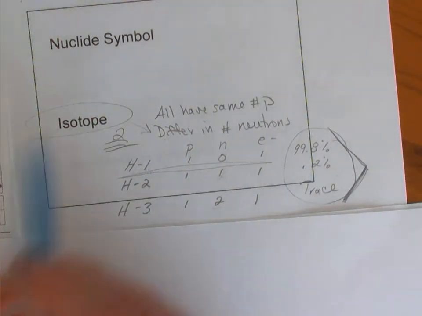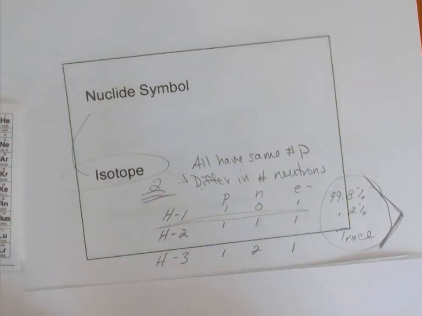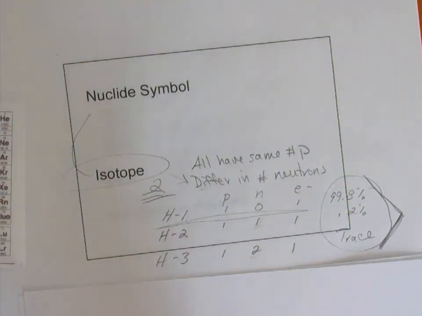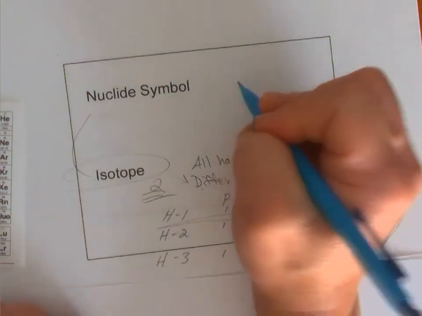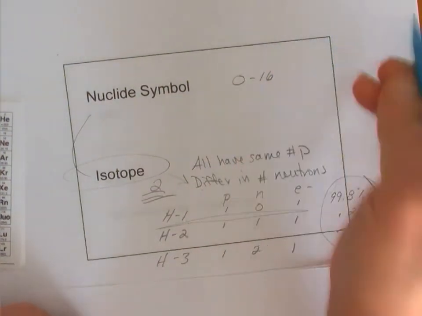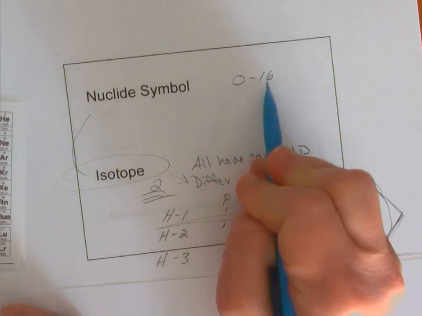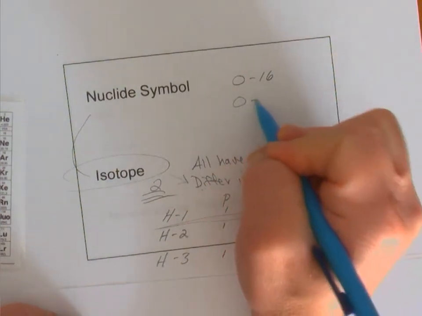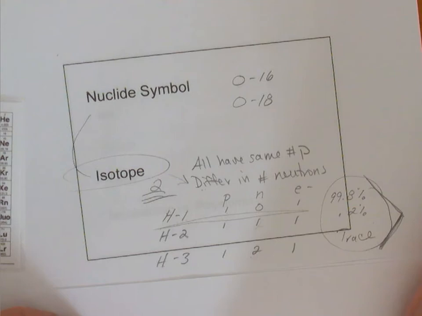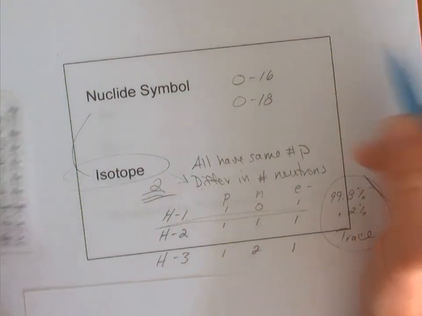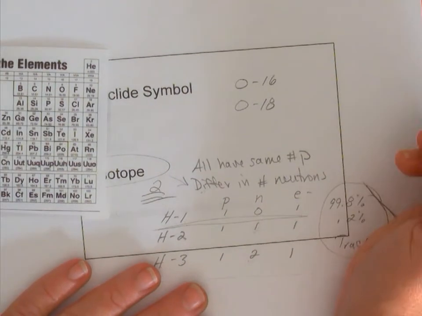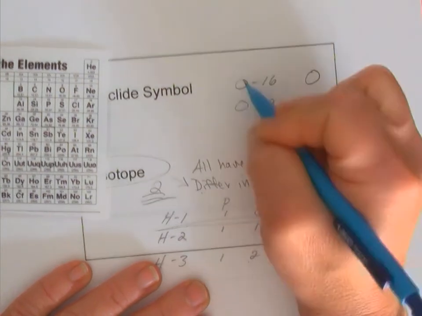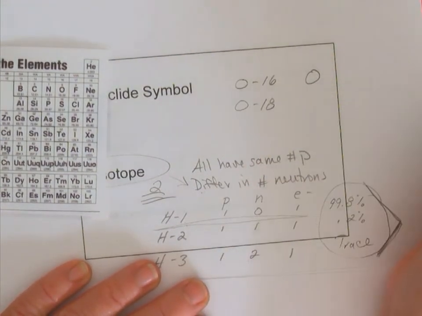All right, so back to the nuclide symbol for a second. How would one isotope differ from another isotope in the nuclide symbol? Well, the most common form of oxygen is oxygen-16. But we also have oxygen-18, and there are some other isotopes, but we'll just talk about these two. We're going to deal with neutral elements.